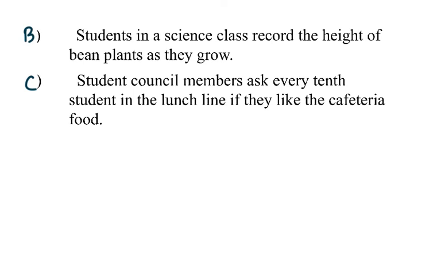So B, students in a science class record the height of bean plants as they grow. So this would be an observational study. We're just looking at the bean plants and recording how much they grow. Can these be used to make a general conclusion?